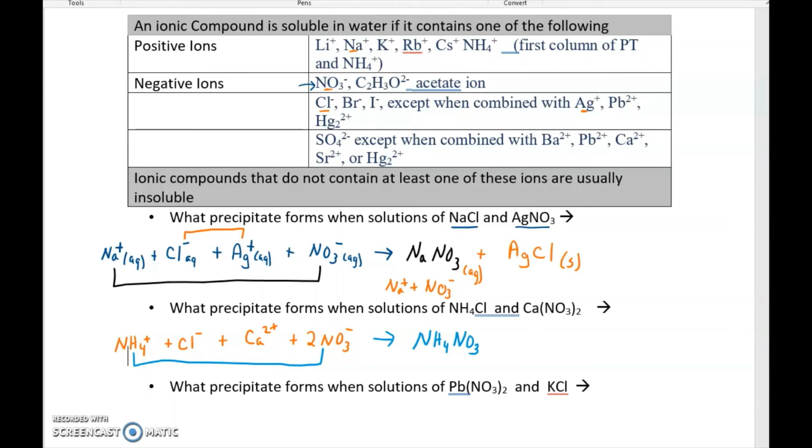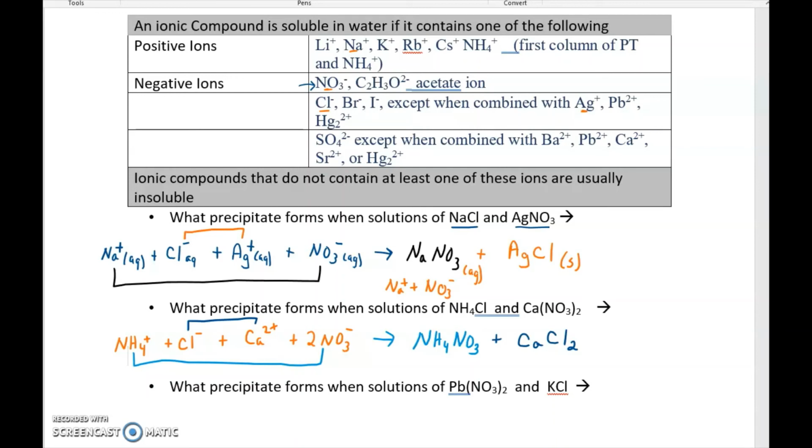The other thing that can happen is the calcium that's positively charged can combine with the chloride. Always write the positive one first. And we'll have 2 chlorides for every 1 calcium so that we get a neutral compound, no charges. So let's look at these and see if they're soluble. We've got ammonium nitrate.